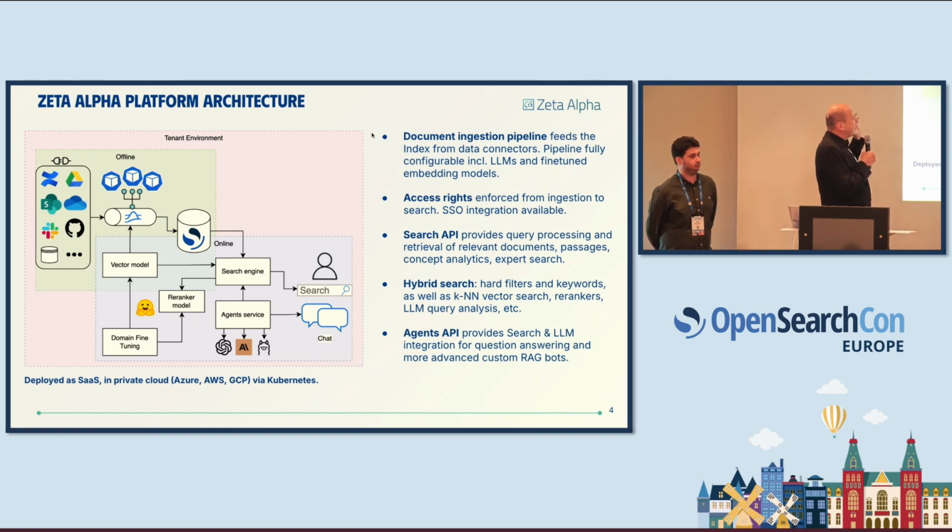Our platform is an end-to-end set of services ranging from ingesting documents from all kinds of information sources, whether it's popular applications like SharePoint and Confluence and Slack, to customized data stores in legacy applications. We process them.